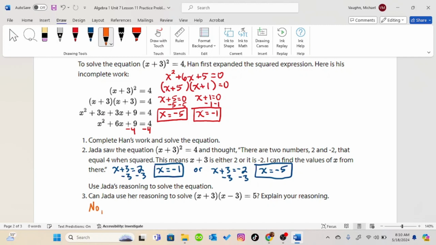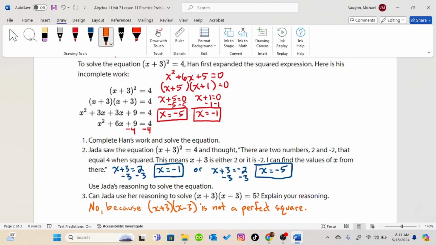So no, her method will not work because x plus 3 times x minus 3 is not a perfect square. Her method will only work with perfect squares.